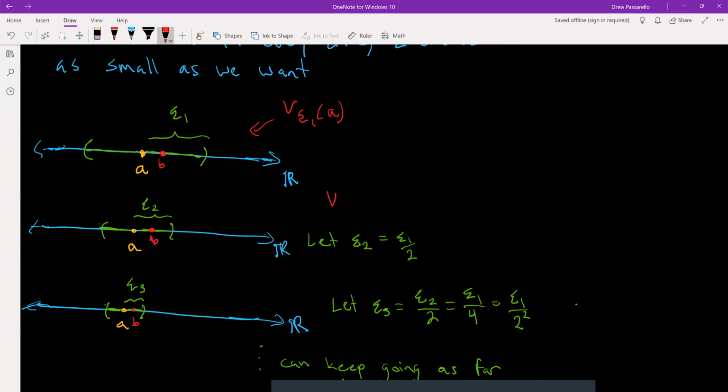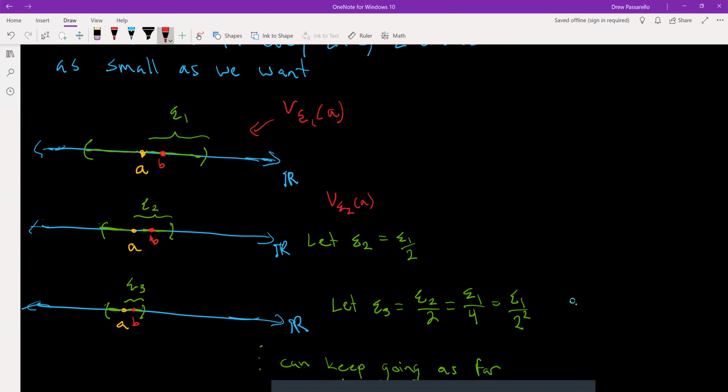So in this case, the epsilon 2 neighborhood around A, where I give epsilon 2 to be equal to whatever epsilon 1 is divided by 2. So I cut the radius in half from the previous neighborhood.